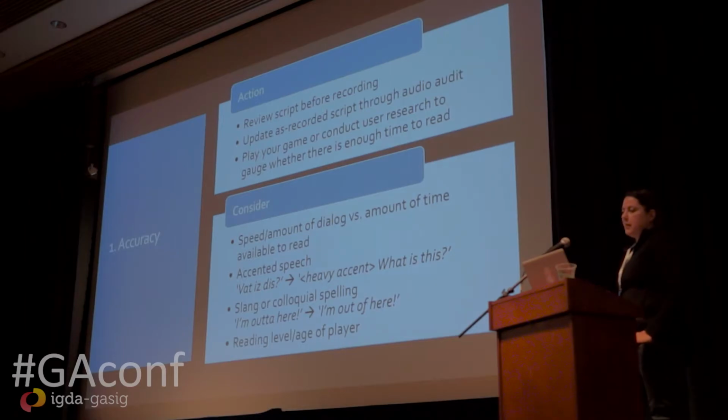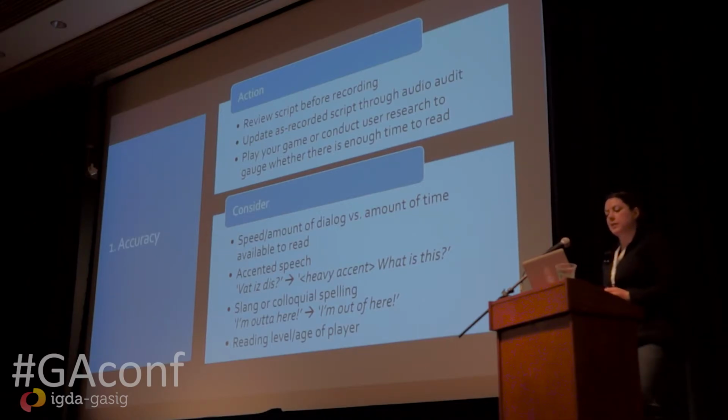The few reasons that you might not adhere to 100% accuracy, which is 1, there just might be times when you don't have enough time to display a lot of speakers talking, people speaking extremely fast. You can identify the worst cases by playing your game and user testing with a variety of players.